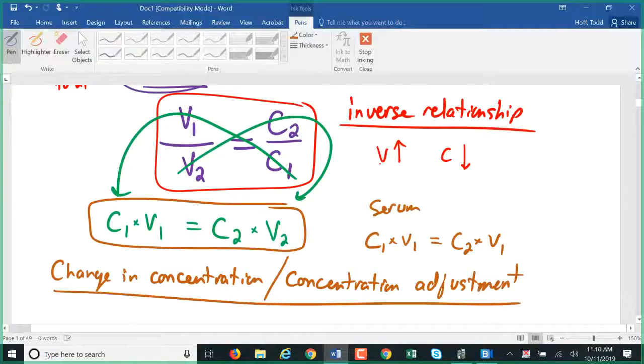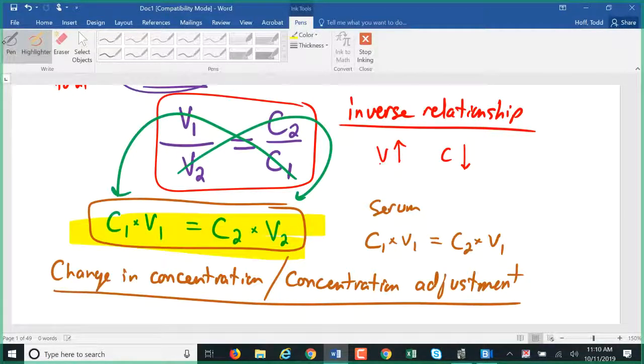And as we saw, it comes from our dilutions. It works on the same concept as our dilution. It's a form of a dilution. But it happens often enough that rather than going through the 3 or 4 steps required to do it with a dilution, it pays to just have this formula that we can plug the numbers into and figure out.